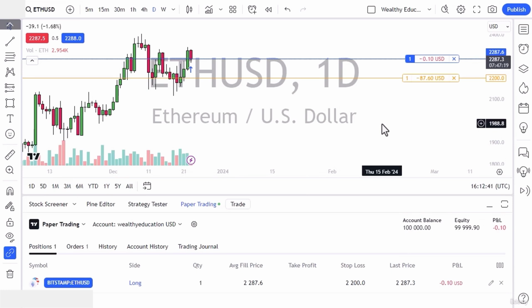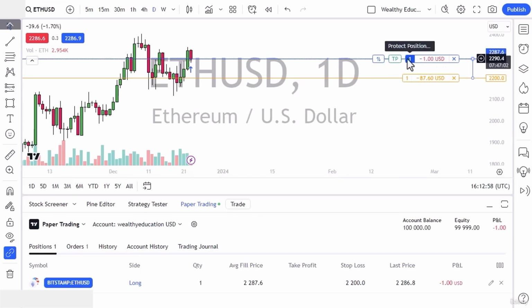So that, of course, is a completely different thing and something that you need to have some proficiency in. You'll notice that it happens to be during the weekend, so Ethereum's not going crazy here.